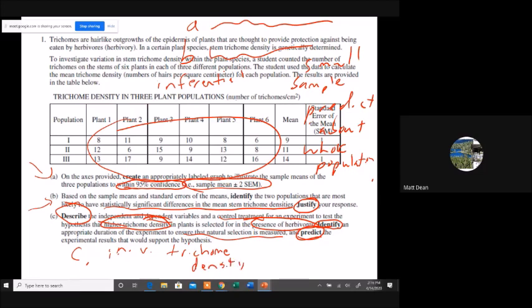So in a setup, I might have 3 groups of plants. One with a low trichome density, one with a medium, and one with a high trichome density. Then I might expose all of those plants to the same herbivore. Turn the herbivore loose wherever my plants are growing. 3 different setups. My dependent variable could be a lot of different things, but remember, it's the thing that's impacted by the independent variable.